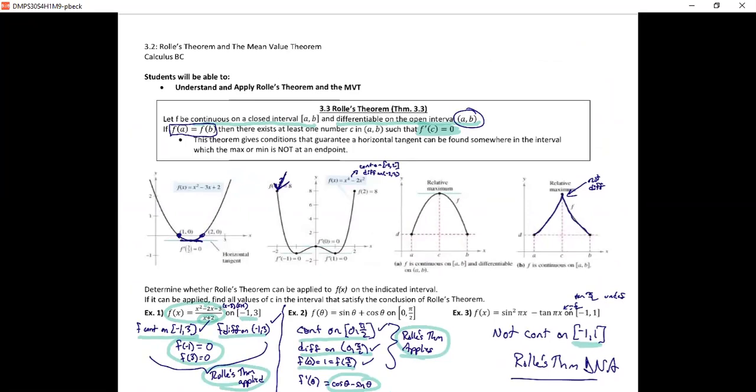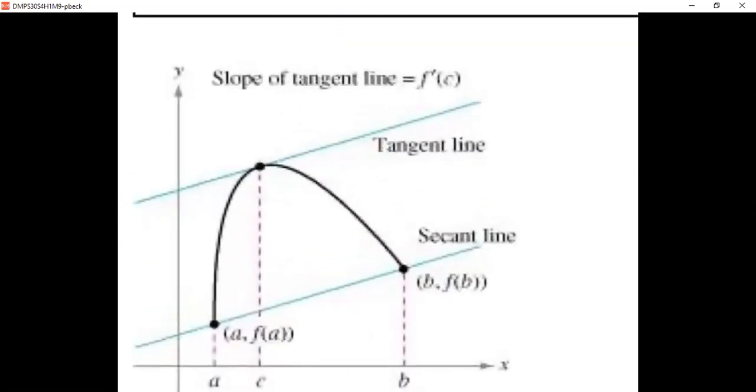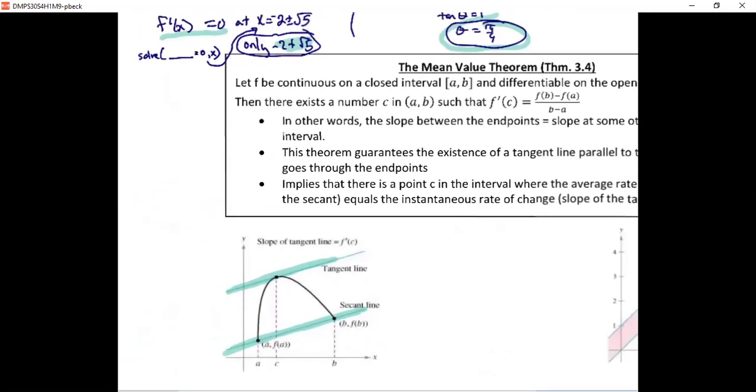But what happens if the y values aren't the same? Does anything special occur? Well, what we can do is look here and see, okay, I have the slope of a secant line, and the y values definitely are not the same. But if I have a secant slope, somewhere I'm going to have a tangent slope as long as I still have that differentiability and that continuity. This is something special called the mean value theorem.